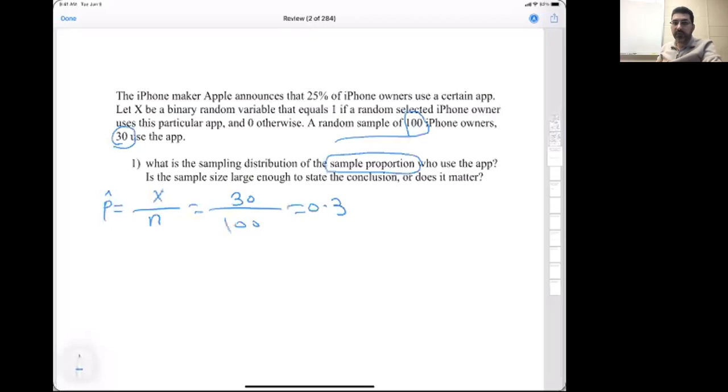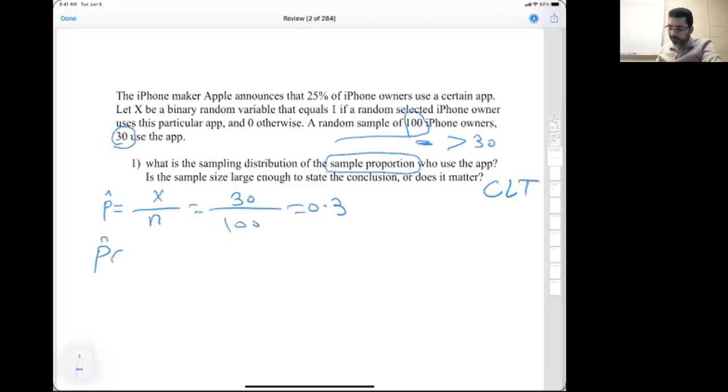First of all, do we have here a large sample? Yes, we have. It's 100. It's greater than 30 observations, so we can apply the central limit theorem. So the sampling distribution is what? It is a normal distribution.